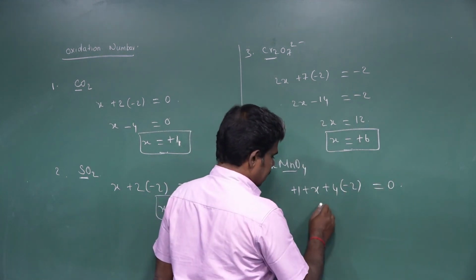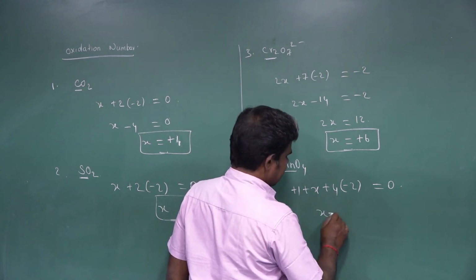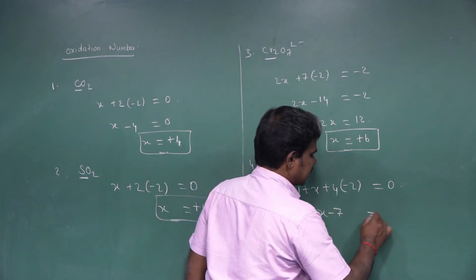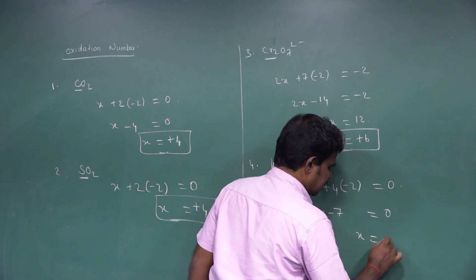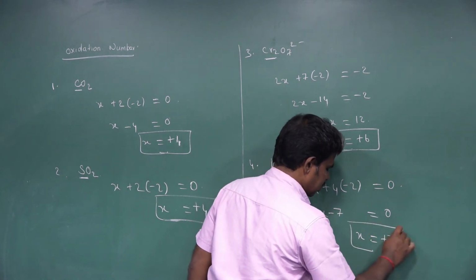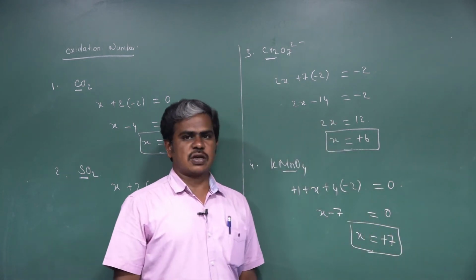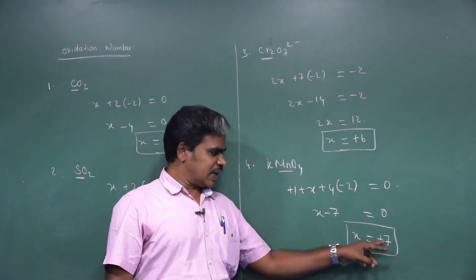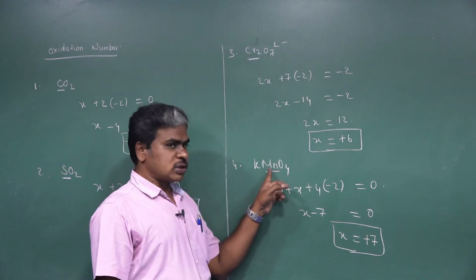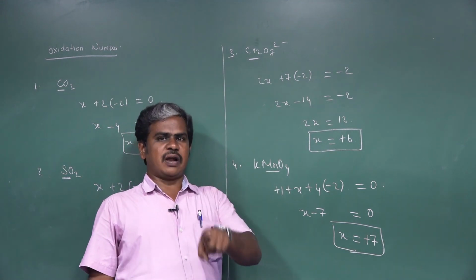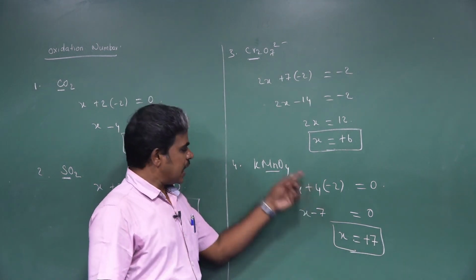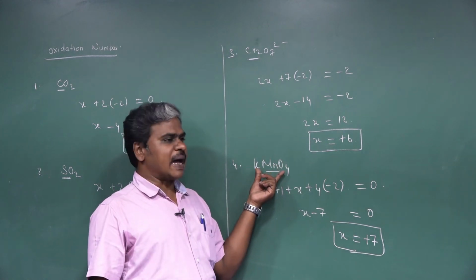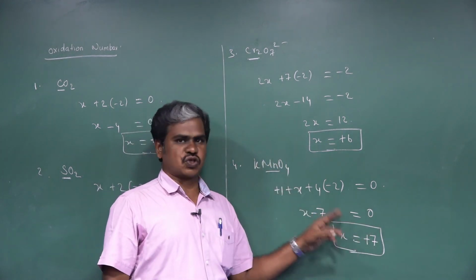So X minus 7 is equal to 0, so X is equal to +7 oxidation state. So in potassium permanganate, manganese is in its maximum oxidation state, +7. Manganese shows +2 to +7 oxidation states.